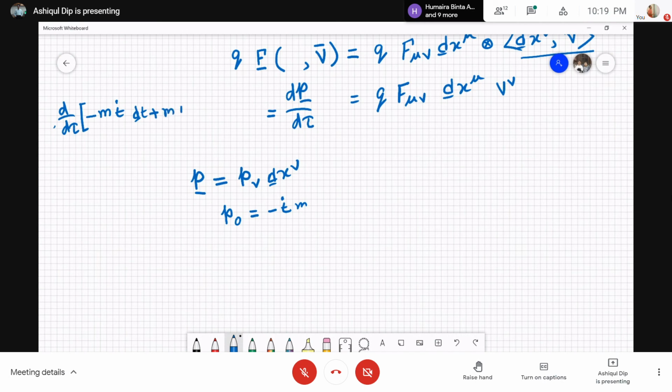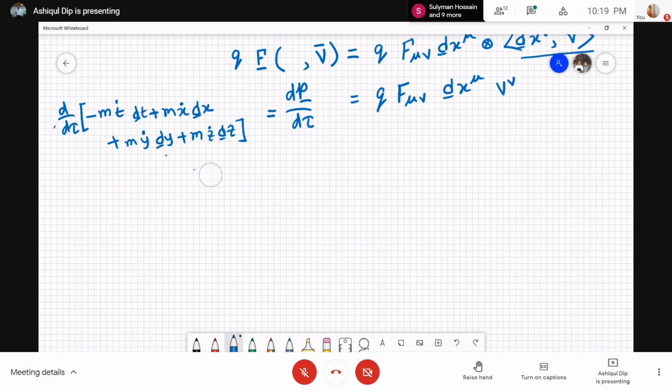Plus m x dot dx plus m y dot dy plus m z dot dz, right? Okay, great. I can take the derivative inside of this thing.